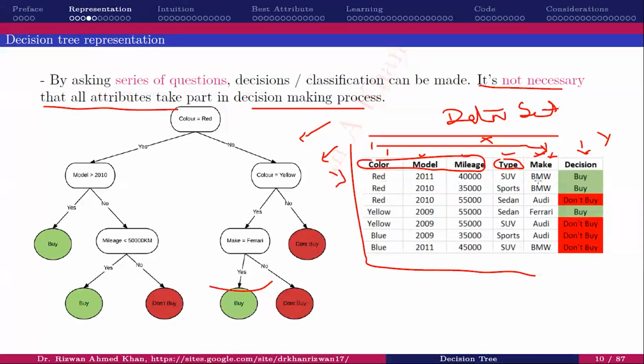Any question from this contrived example, this data set and this representation of this data set?